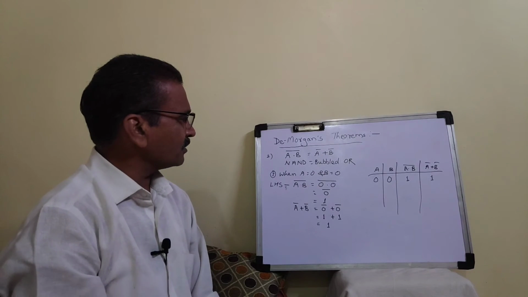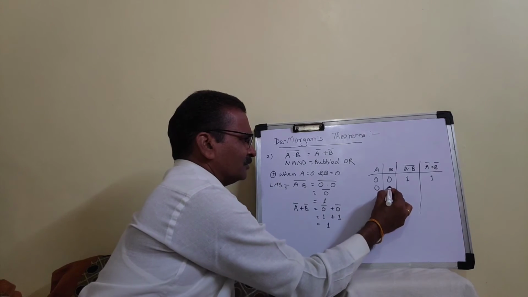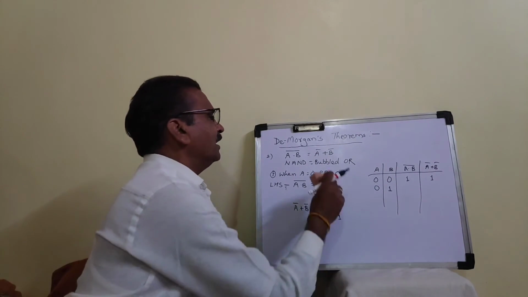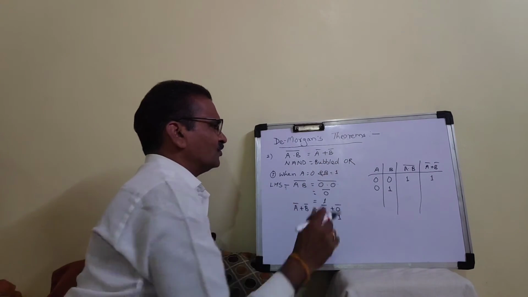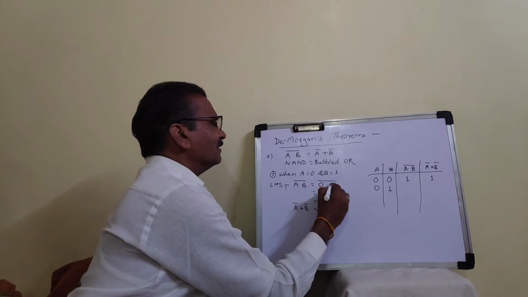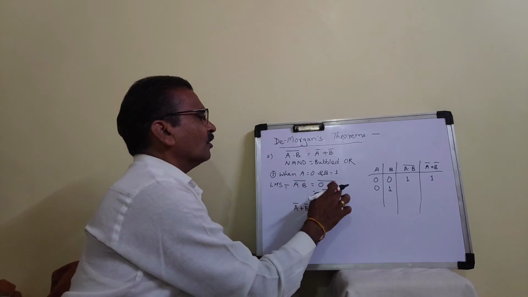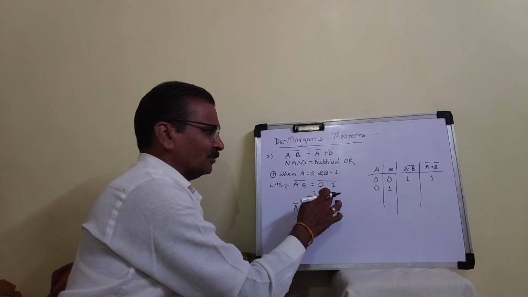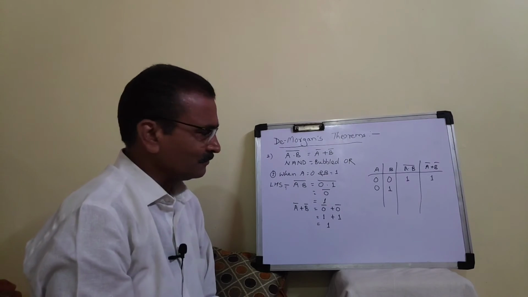Clear? Now for second condition, after 0 0 we have 0 1. Now again put the value of B as 1, change the value of B here, that is again now we have 1. So 0 dot 1 multiplication, 0 multiplied by 1, that is 0, that remains as it is, so its complement will be 1.